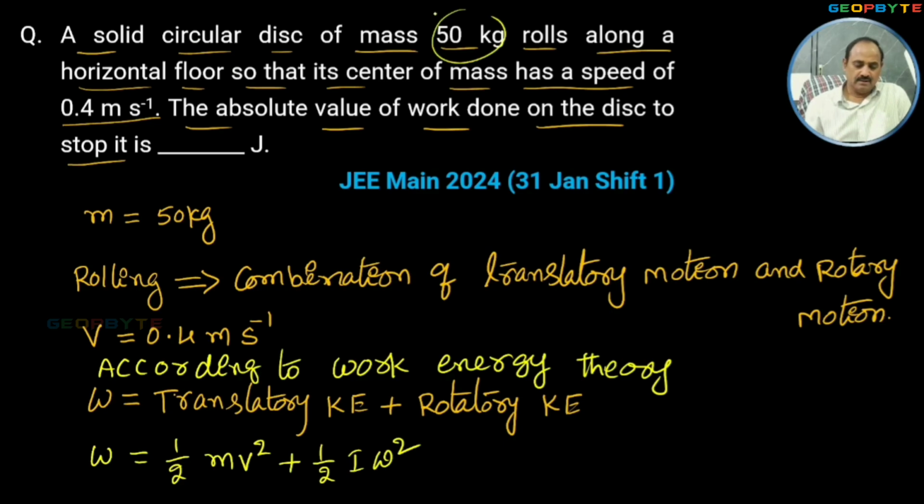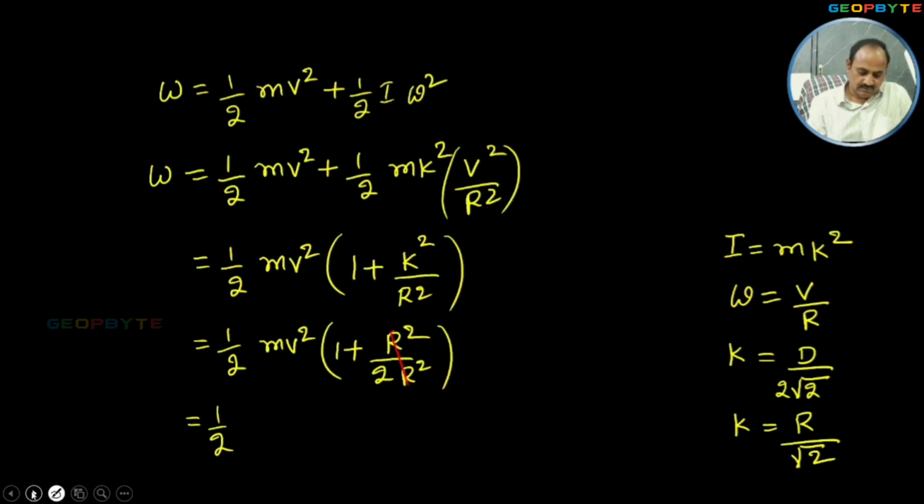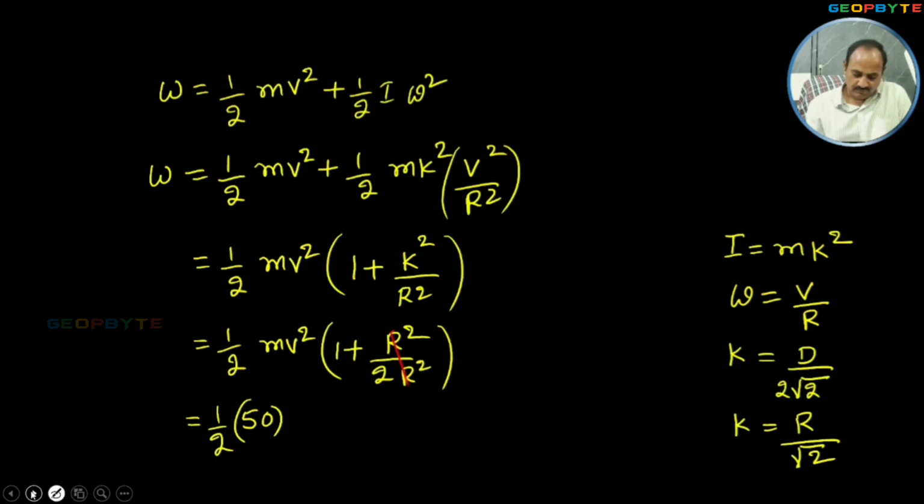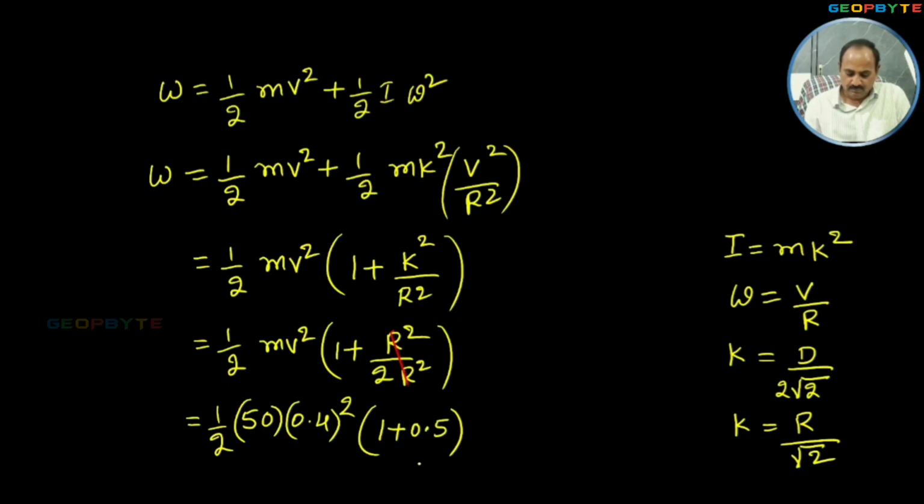Mass of the solid circular disk is 50, and the linear speed at the mass center 0.4, 0.4 whole square divided by 1 plus 1 by 2, that is 1.5.